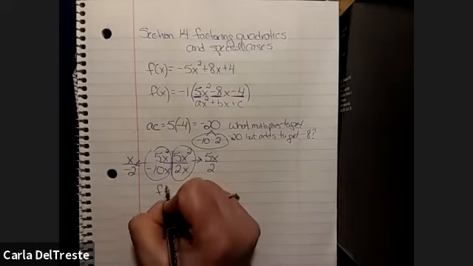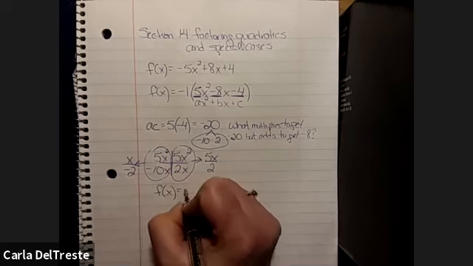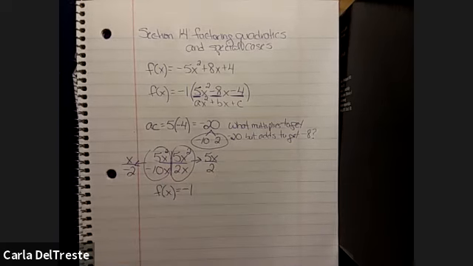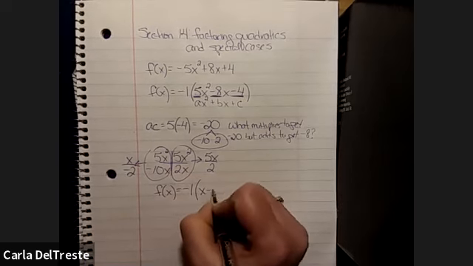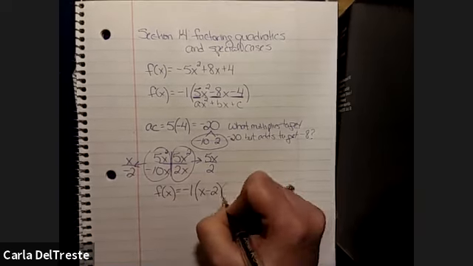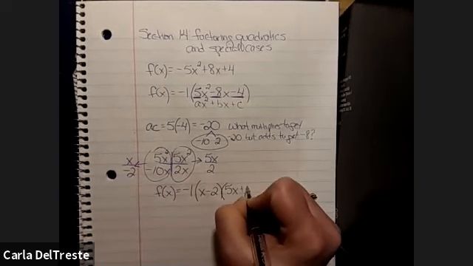And then I put everything back together. So my function, f of x, is -1, because that was the original GCF, times x minus 2 times 5x plus 2.